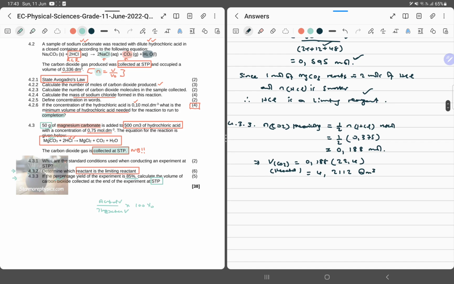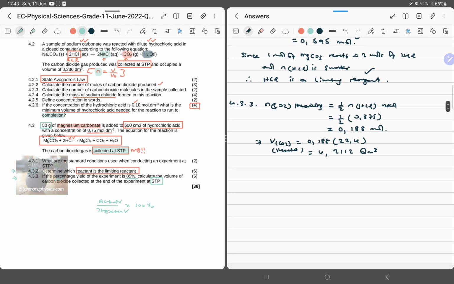So now we can say the percentage yield is going to be the actual volume over the theoretical volume multiplied by 100%.